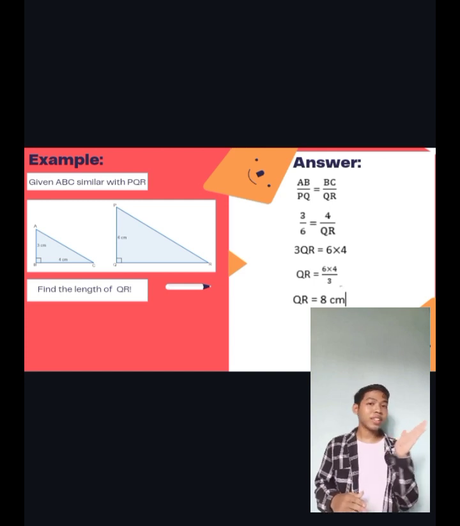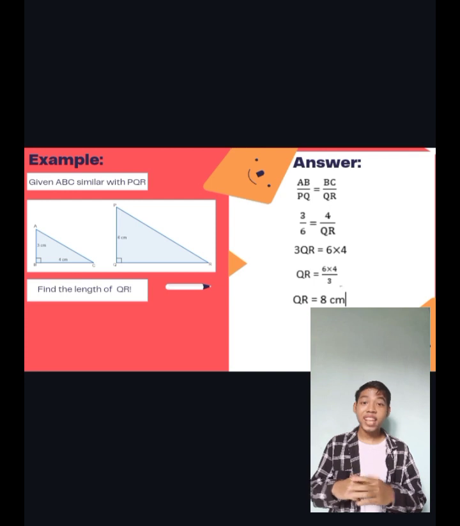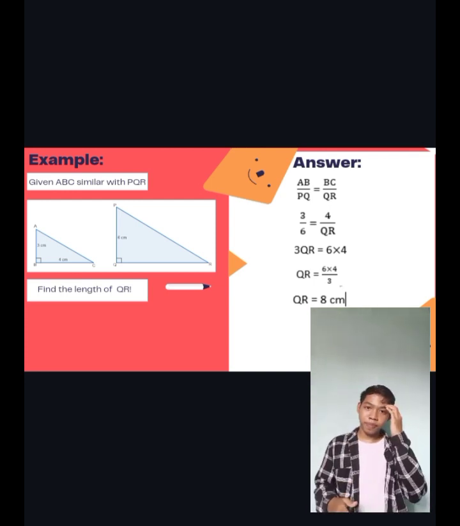Look at the picture clearly. From the picture, we know that triangles ABC and PQR have sides with the same proportion: AB and PQ, BC and QR. Also, can you guess the last one? Yeah, very good, AC and PR.